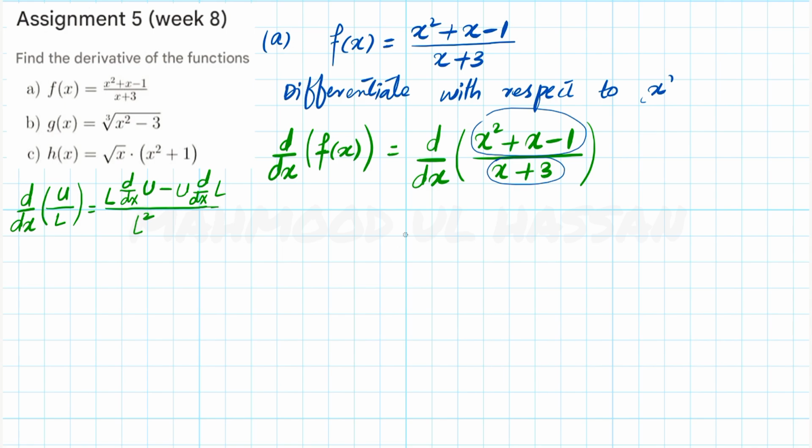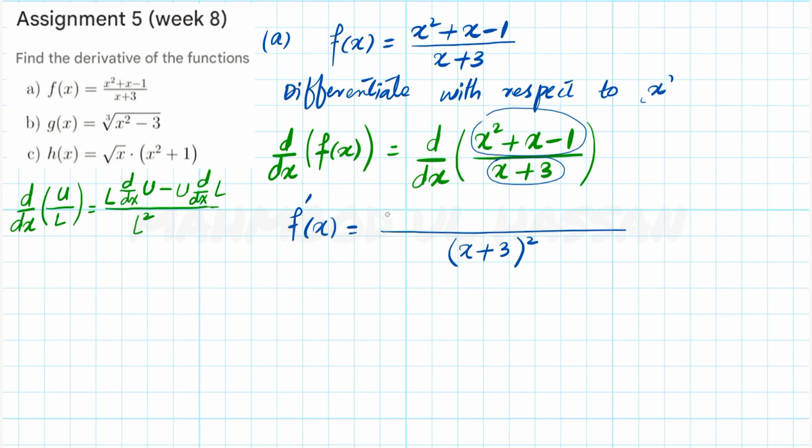So here the left side can be written as f prime of x. So f prime of x is equal to, we are going to apply the quotient rule. We take the square of the lower, that is x plus 3 whole squared, in the denominator.